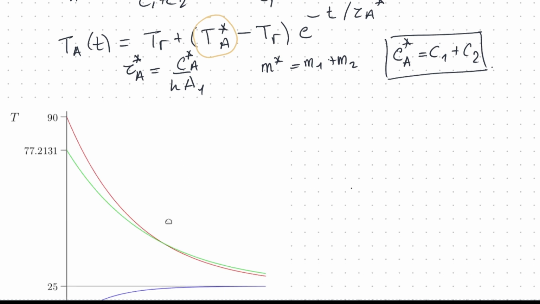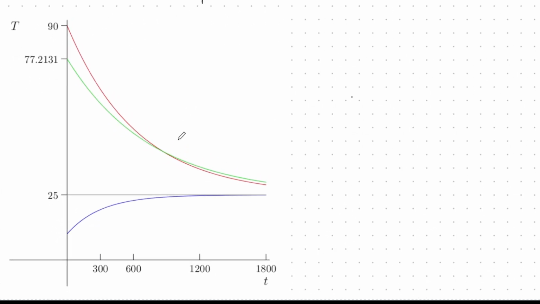Here are the results. Let's have a look at this. It's very interesting. I have drawn onto this the black coffee curve. So notice that TA star is about 77.2 degrees. So dumping in that cream dropped the temperature significantly.